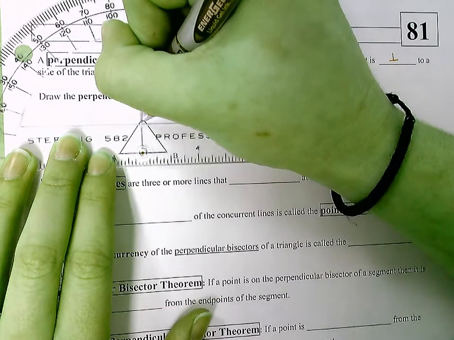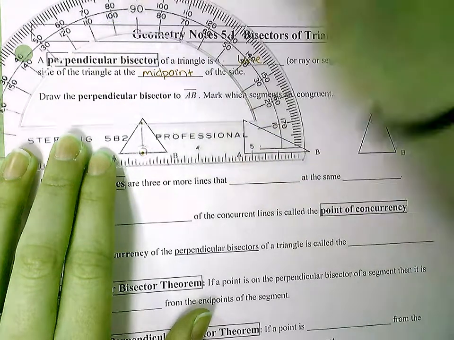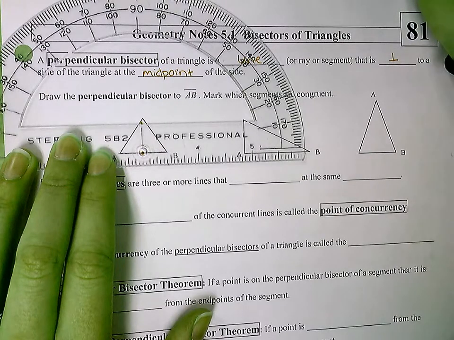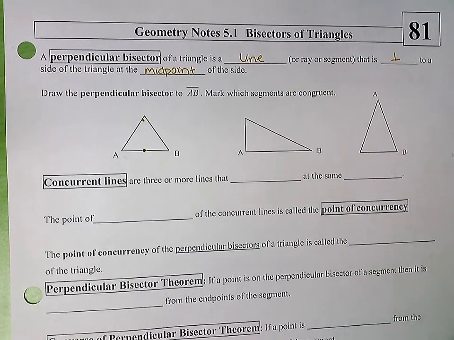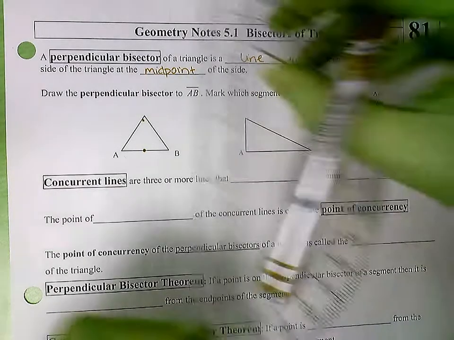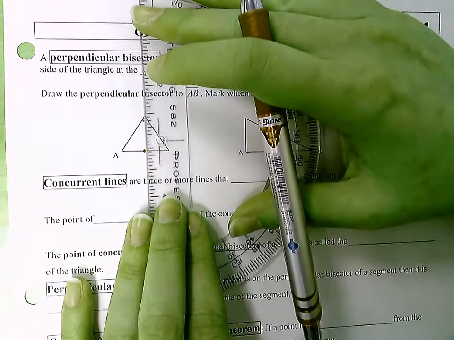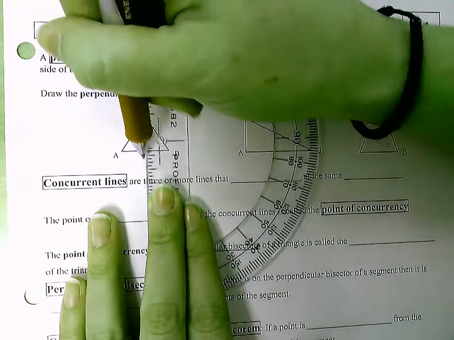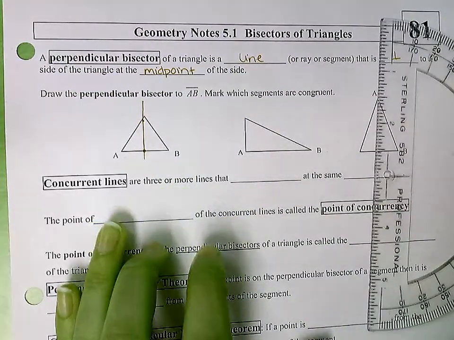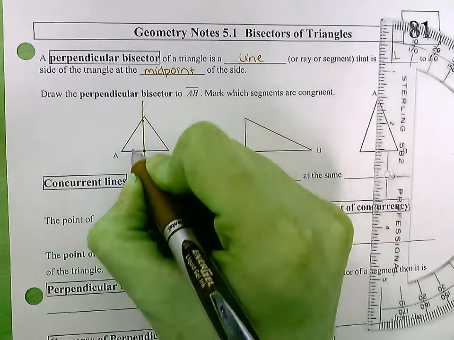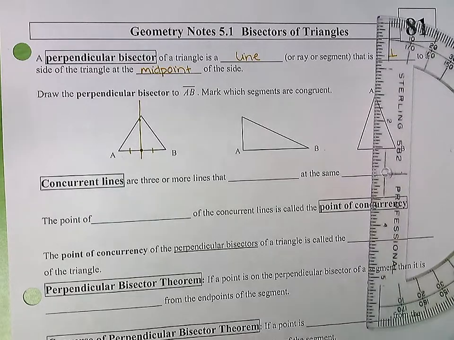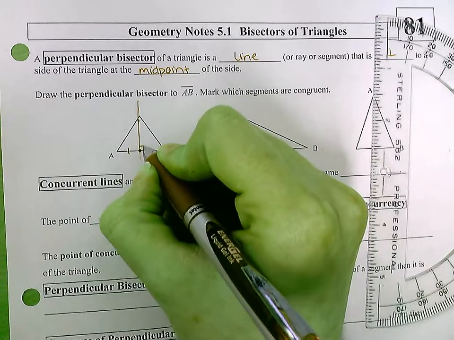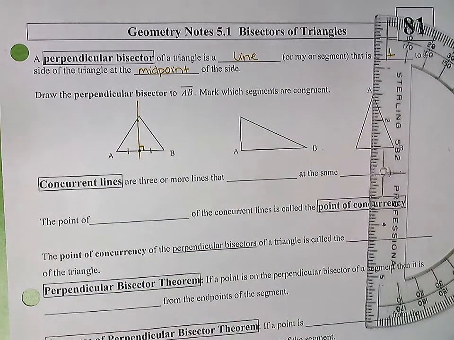So we're going to place a point right above that. Now that I have 2 points, I can just connect the two with my straight edge. These two pieces are going to be congruent, and that line I just drew in is perpendicular. That is what your perpendicular bisector looks like.